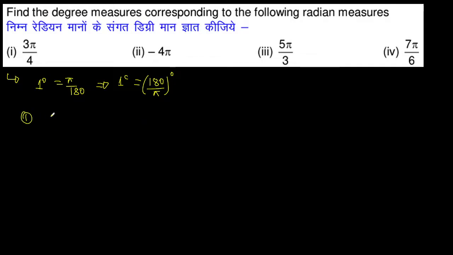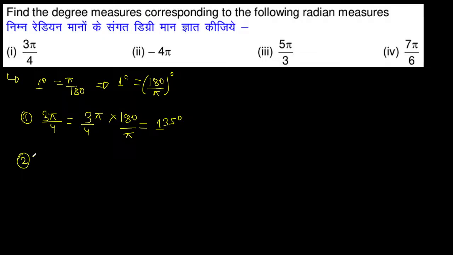So first, 3 pi by 4 is 3 by 4 pi into 180 by pi, which is nothing but 135 degrees.